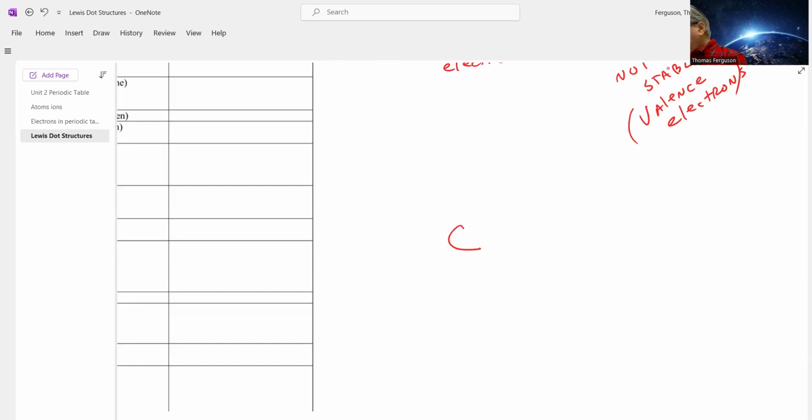Carbon. And then we have 4 hydrogens that we're going to arrange around. That's step number 1. Step number 2 is this: connect all atoms together with a pair of singleton electrons.